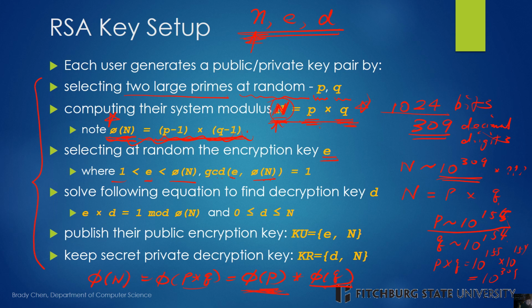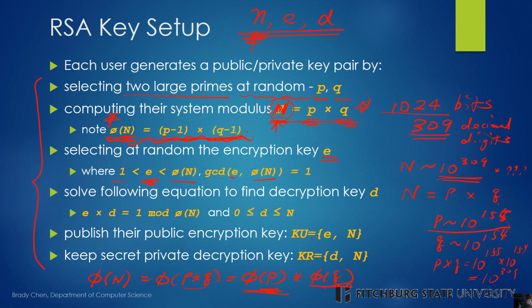Using the Euclidean algorithm, we can easily calculate the greatest common divisor between E and phi of n. If the GCD of E and phi of n is not 1, that means they are not relatively prime, so we get rid of this E and select another E.